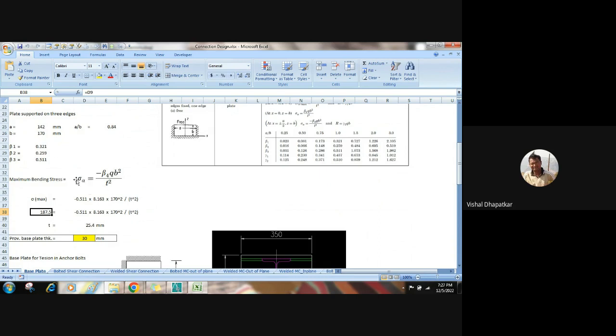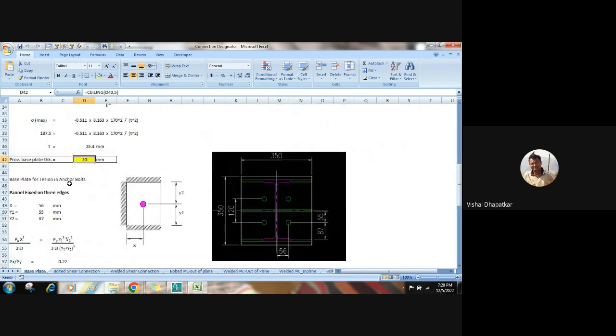This expression is stress equal to moment divided by section modulus, that is bending stress equals M by Z. So this is your moment, t square is in your section modulus. Corresponding to this moment, the thickness required is 25.4 mm, right? So from pressure we got the thickness of the plate.